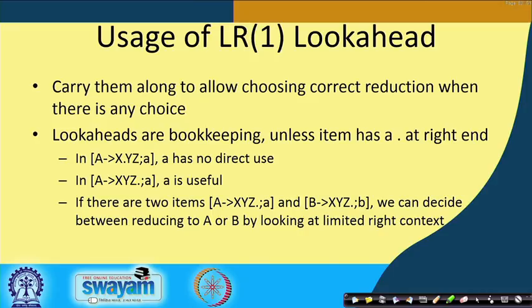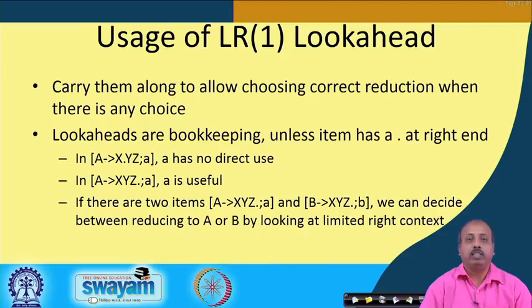Then we will take help of that. We will be using the reduction based on the two or more of these tokens, this look ahead token. Based on that we will take a decision whether to reduce by one rule or the other, or whether to do a reduction or not.